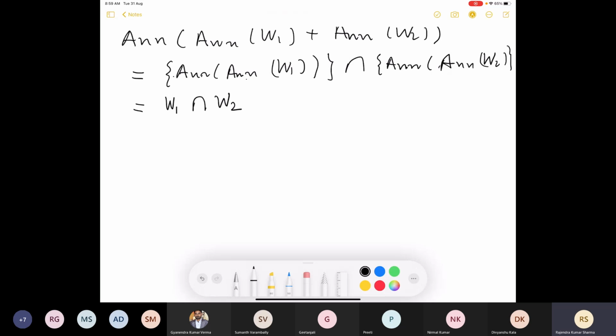So this gives me that the annihilator of this is W1 intersection W2.